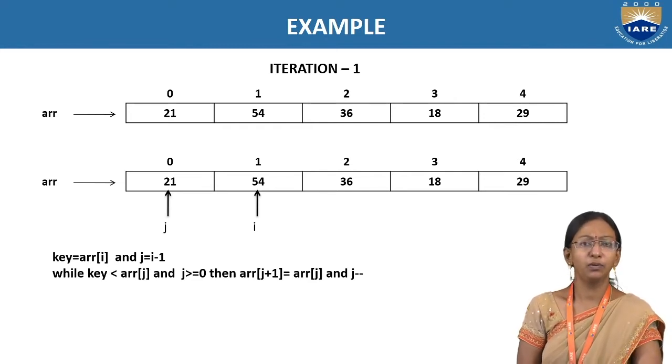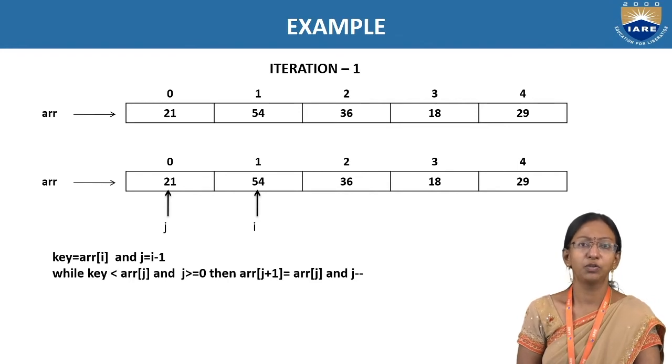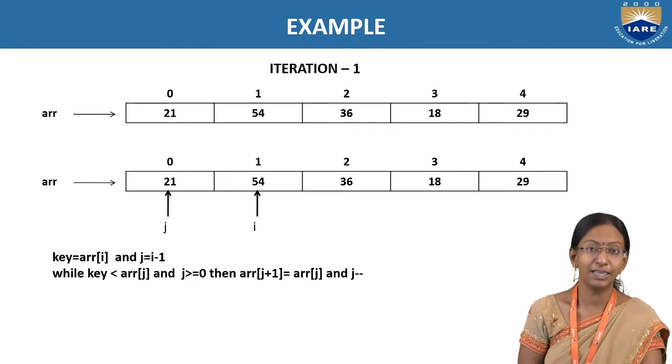As we do not know how many times we are going to run this, I'm going to use a while loop rather than a for loop. There will be 2 conditions which I need to take care of. The first one is that the key value must be less than the value pointed to by j, and the j value must be greater than or at least equal to 0. These 2 conditions must be satisfied.